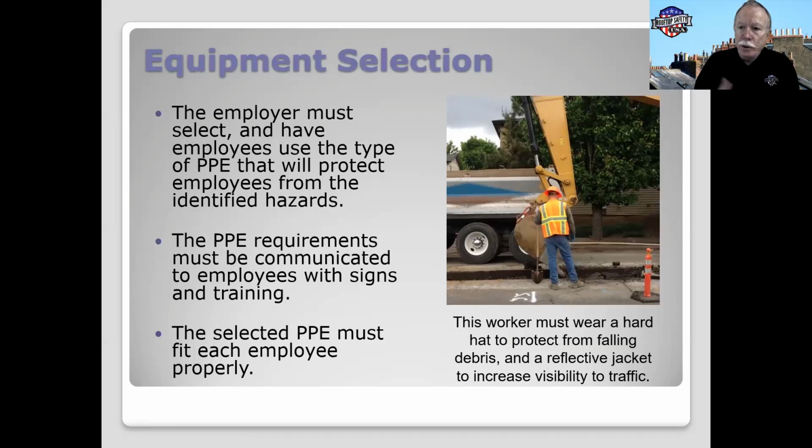So first, after you identify hazards, look at ways we could remove the hazard from the work process. If we can't do that, then we need to select PPE that will protect the employee, and then make sure that the PPE properly fits each employee.